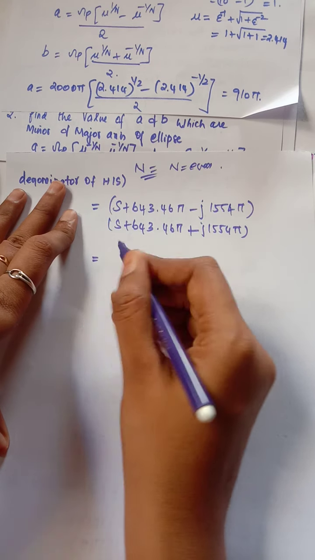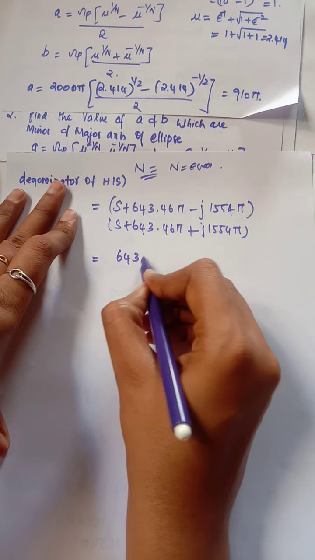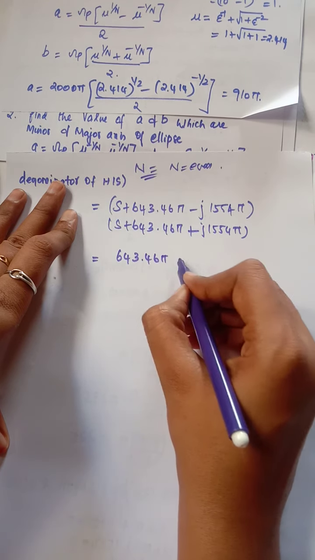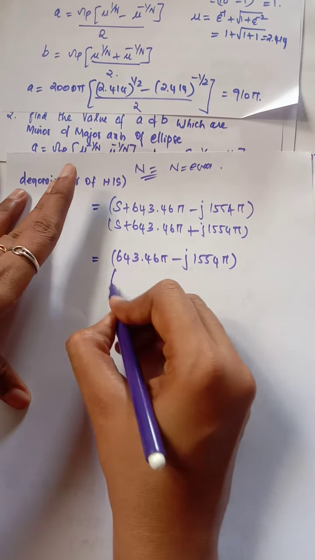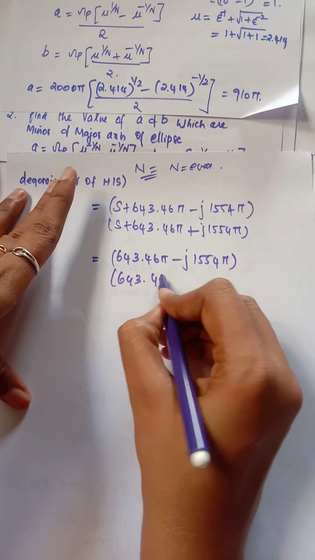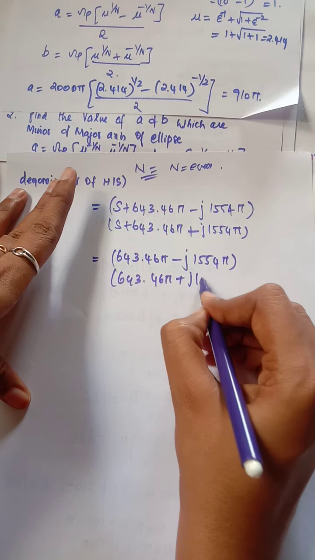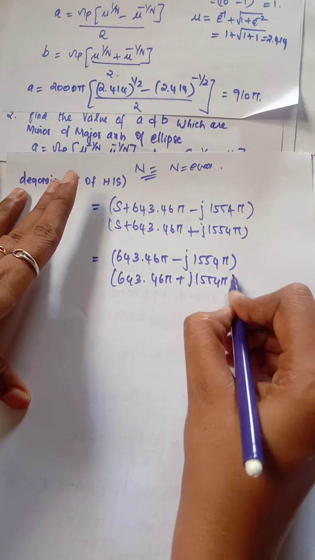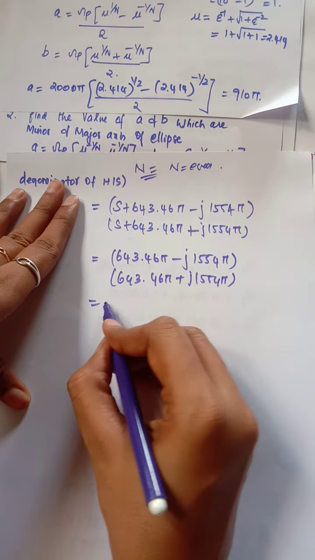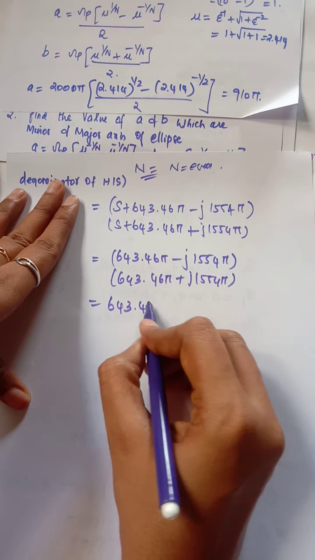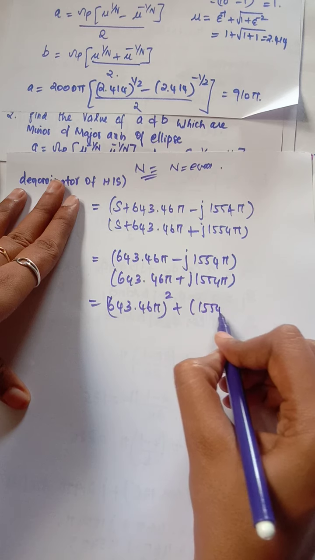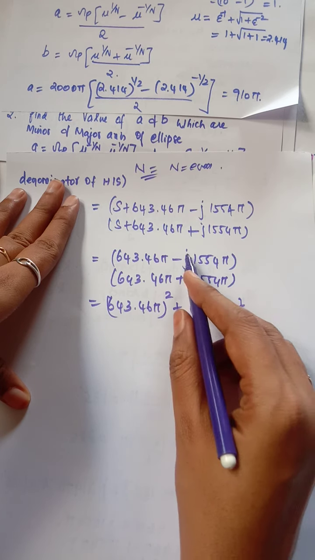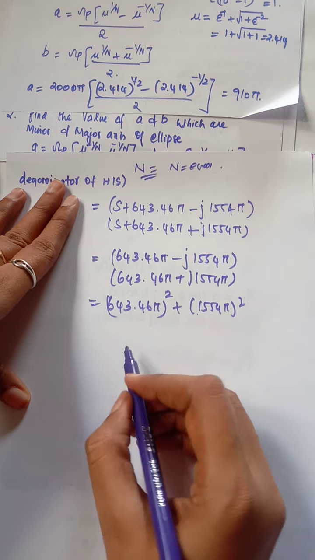So what you will get is 643.46 pi minus j 1554 pi into 643.46 pi plus j 1554 pi. Okay, so this can be a minus b, a plus b. So (643.46 pi) the whole square plus (1554 pi) the whole square, minus b square. So j square is minus 1, so it will become plus.